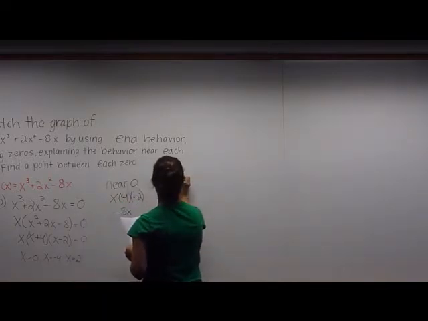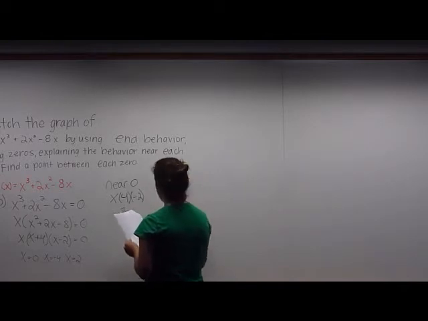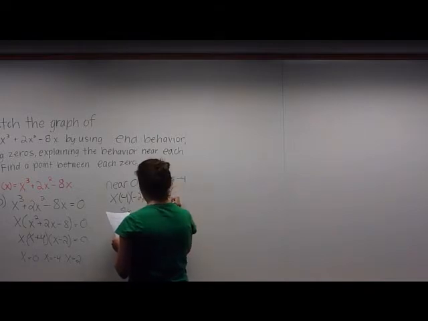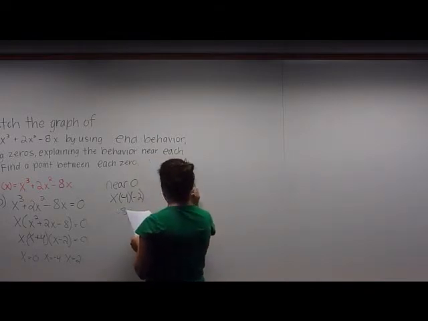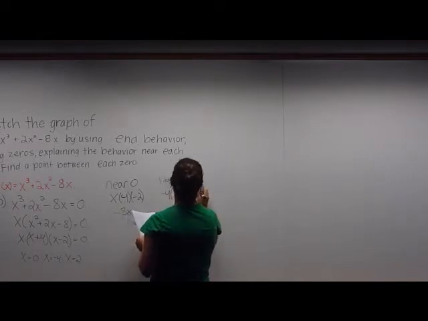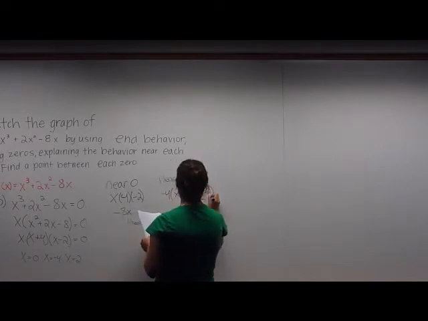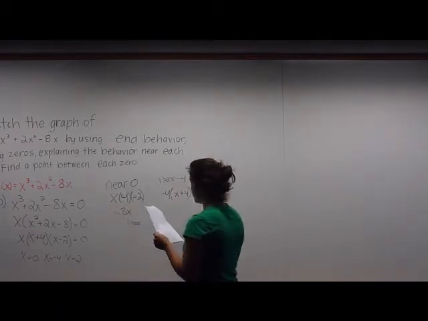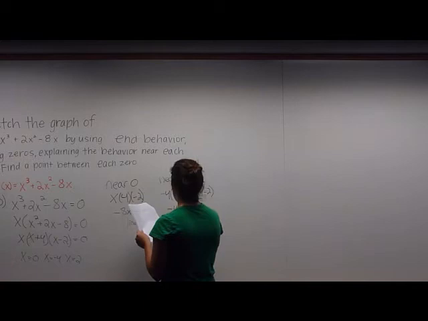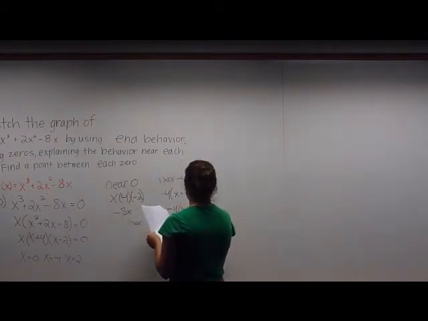The next 0 is negative 4. So we will find the behavior near negative 4. You plug in negative 4, giving you negative 4 times x plus 4 times negative 4 minus 2. You add what's in parentheses first, so negative 4 times x plus 4 times negative 6.